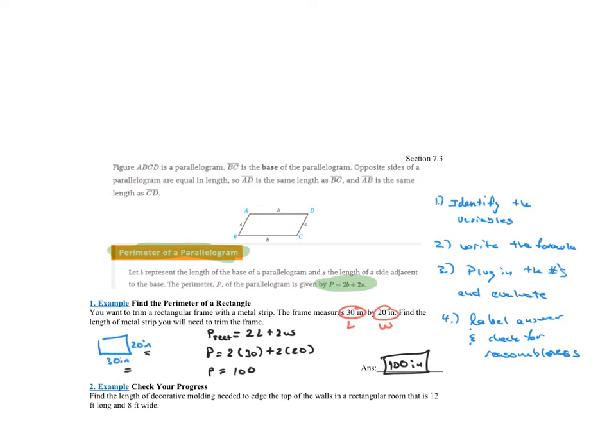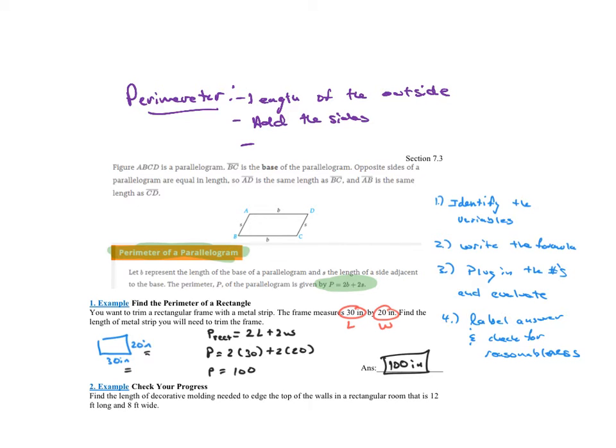Okay, so let's just note something here at the top of the page. I want to make sure you guys understand this. Anytime you see the word perimeter or know that they're asking for the perimeter, they're asking for the length of the outside. And it will always be, I'm going to write add, because you always add the sides together. So add the sides. And then I'm going to write label as the unit.